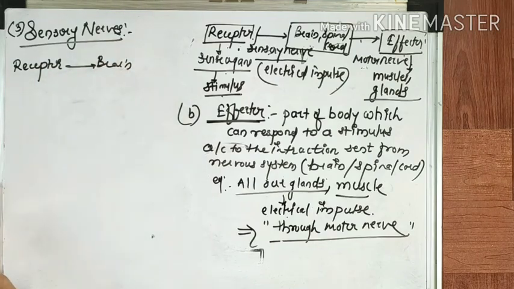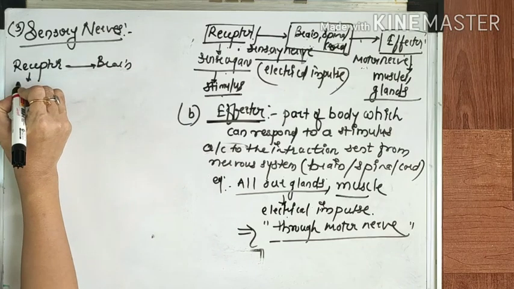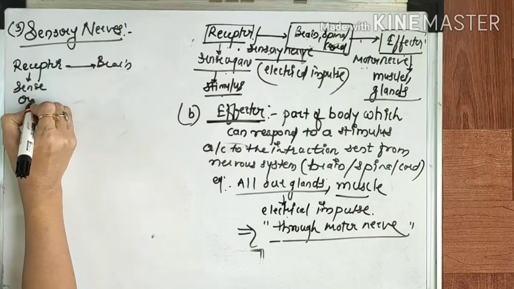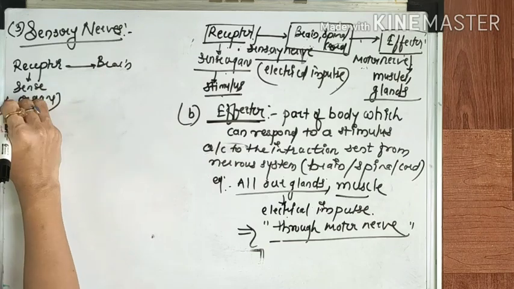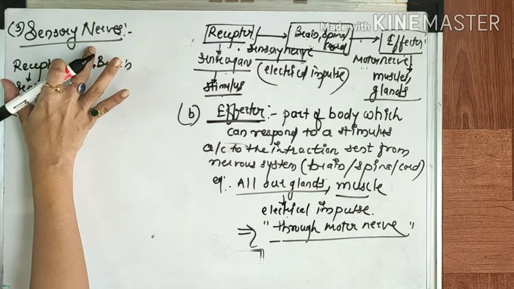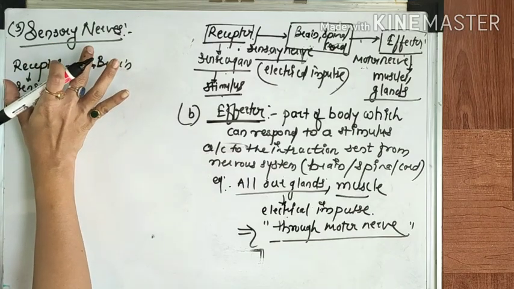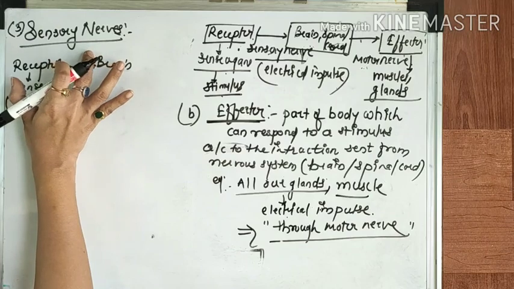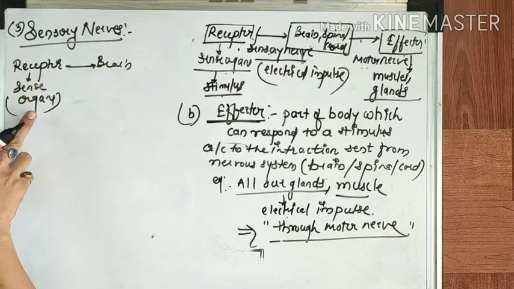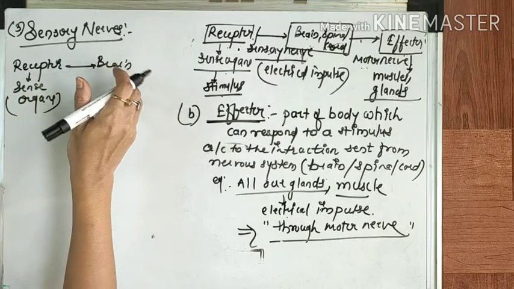As we know, the receptors are present on the sense organs. Understood? So sensory nerves are the nerves which carry the information from the receptors of the sense organs to the brain.